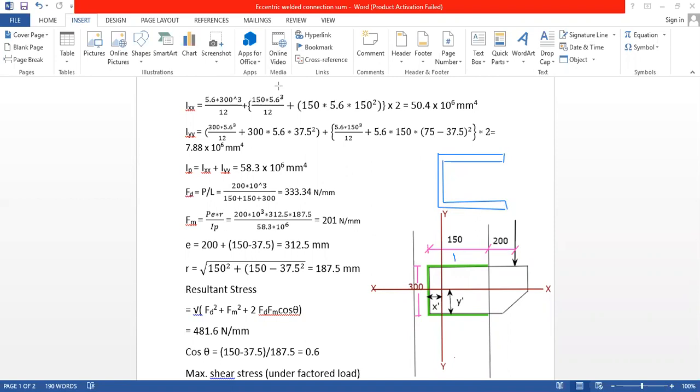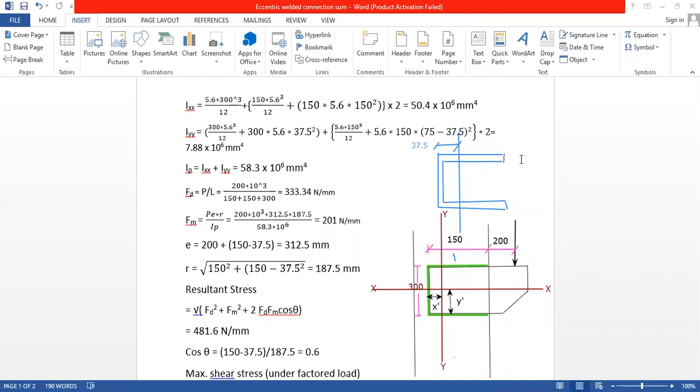So this is my y axis, passing somewhere through this location. And this distance that we have here is 37.5 mm.